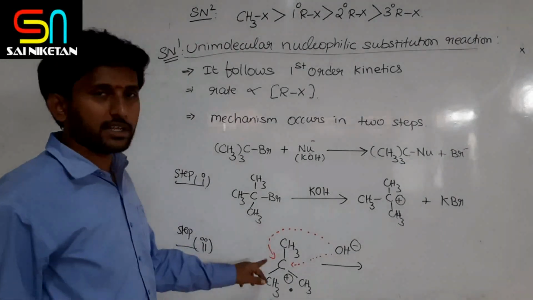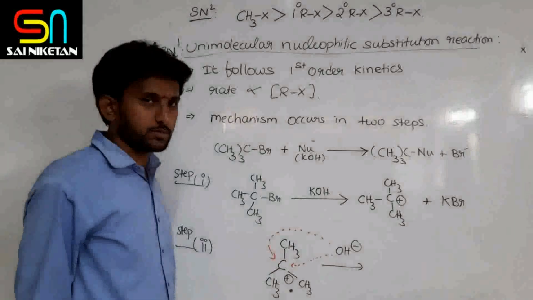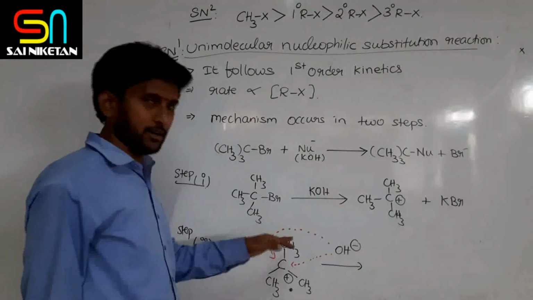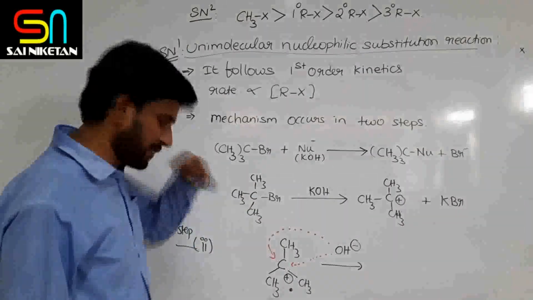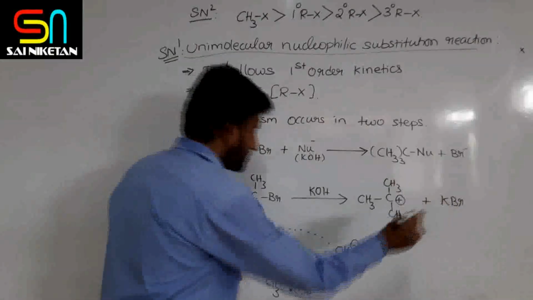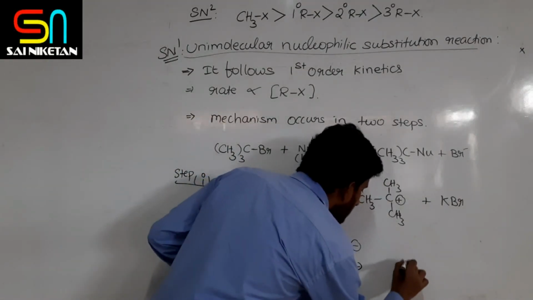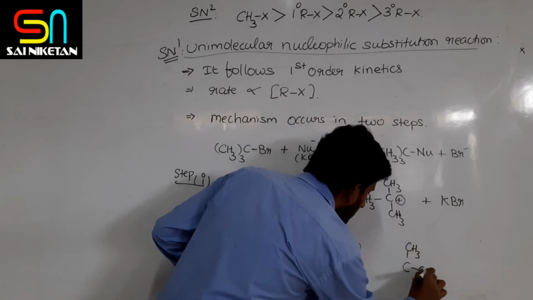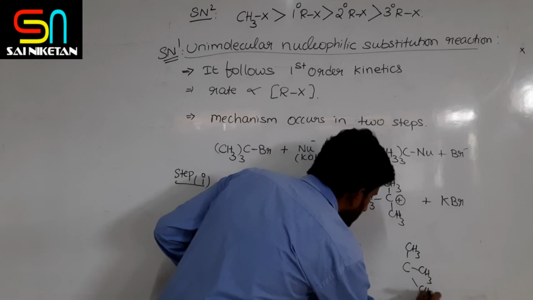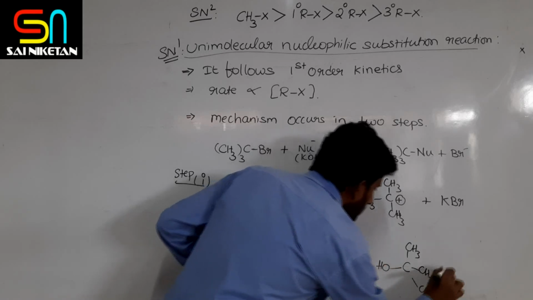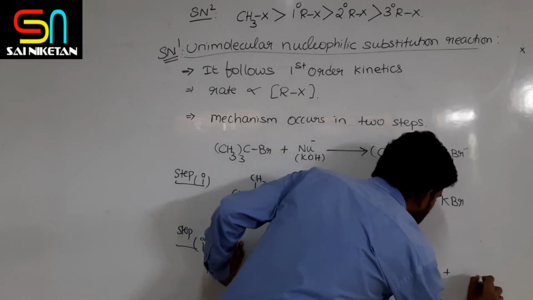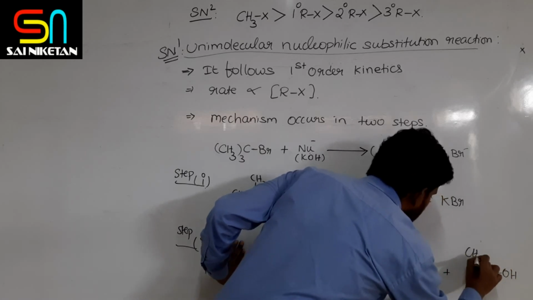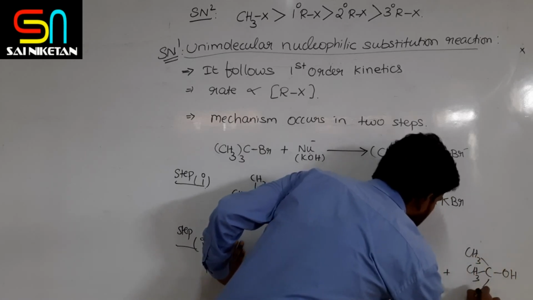So the possibilities are two. You can get OH attached to either the left side or right side, left-handed or right-handed. The OH can attack like this, or you can also consider OH attacked in this way, either left side or right side, no issue.